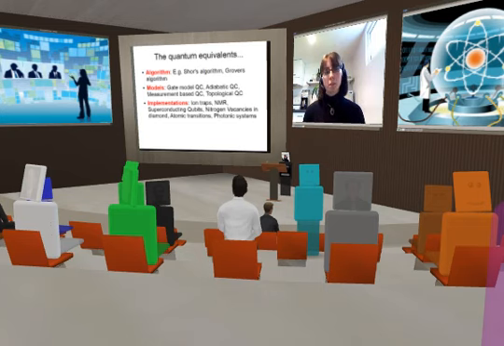And then the models of quantum computing are similar to the hardware architectures. So we have the gate model, adiabatic model, measurement-based model, and topological quantum computing. The first two are the most popular models that most people try to build their quantum computers to use.